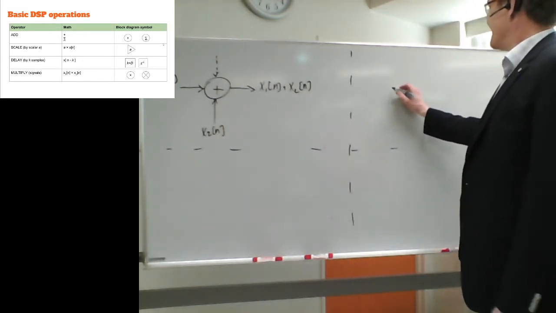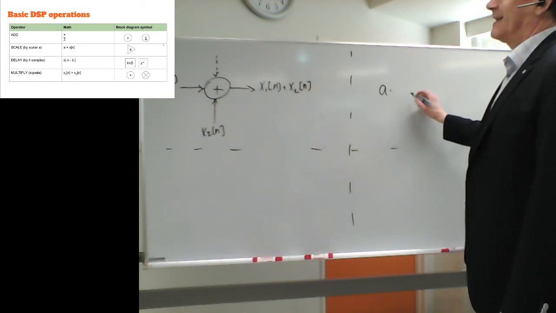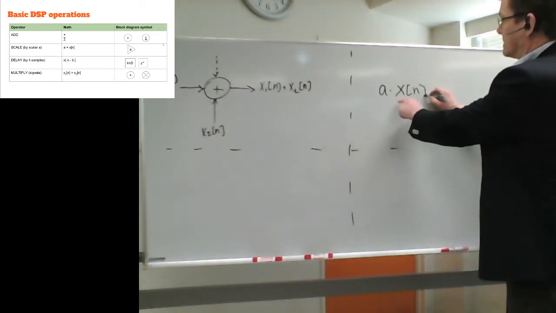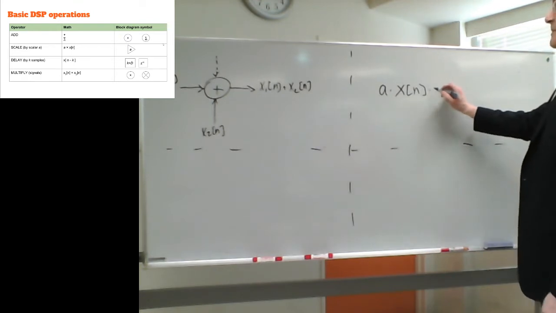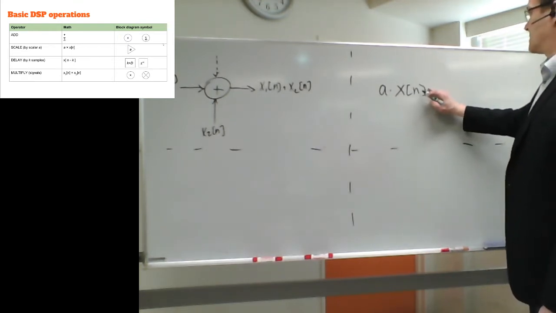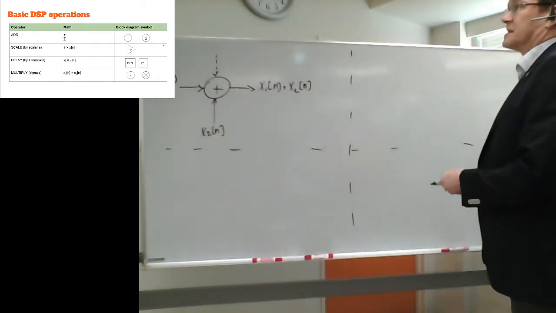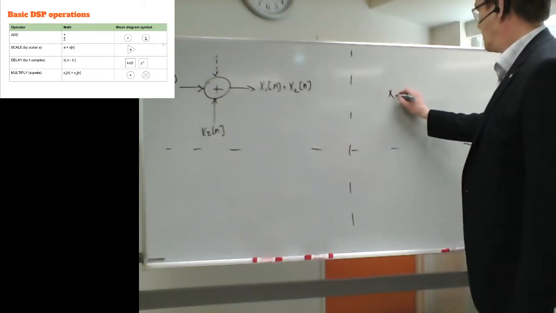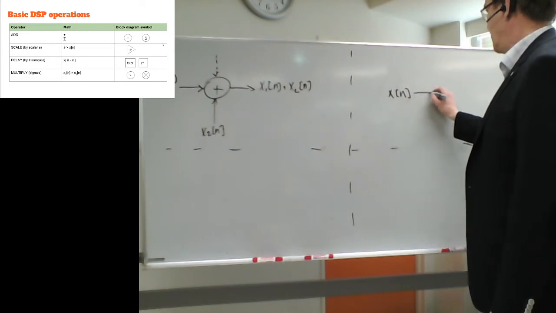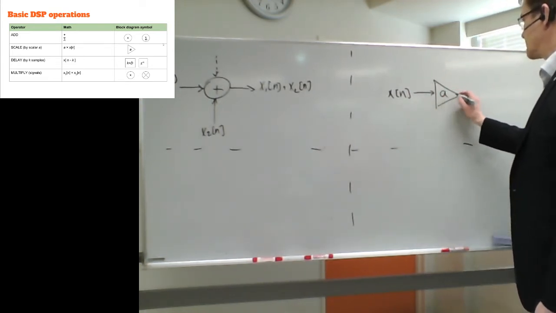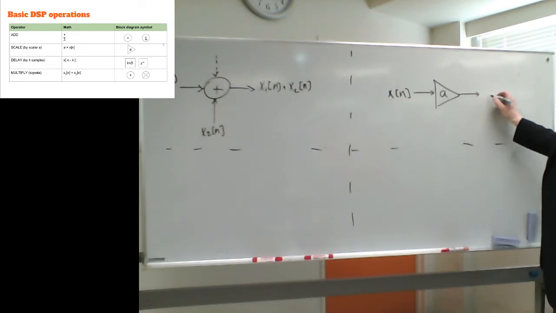Okay, good. So if you need to do multiplication or scaling of a signal, let's do the same conversion as there. If you have a signal x[n] going into this scaling block with a scaling factor of a, what comes out is simply a times x[n].